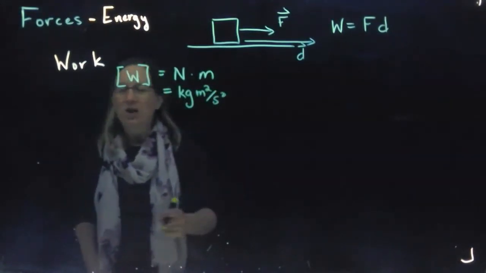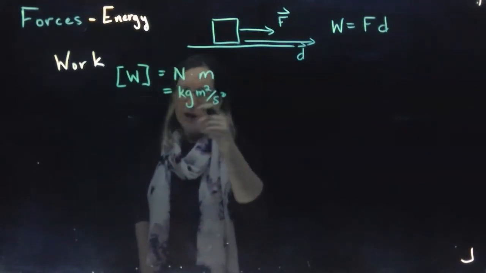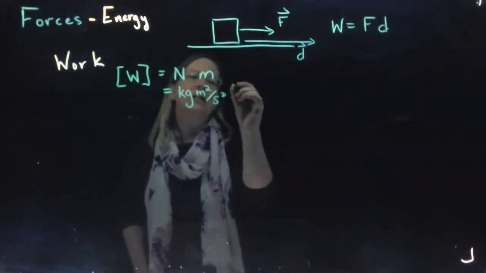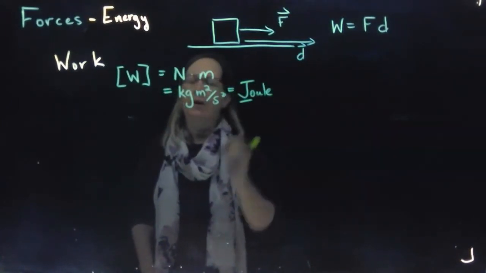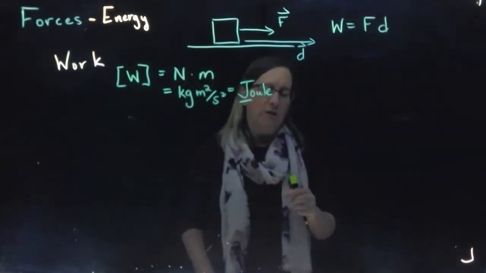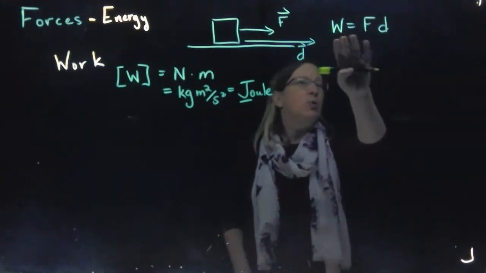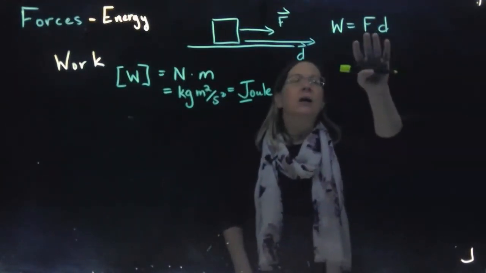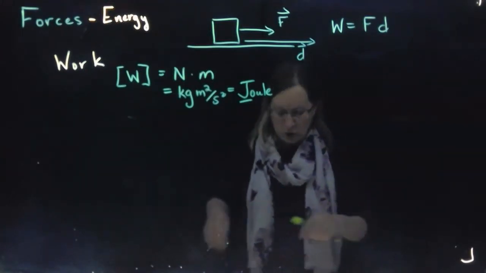So that's the unit of work, newtons times meters, which we can write in fundamental units like this, but this is what we call a joule. So our units of work are joules, which you may know is a unit of energy. So work is a form of energy. Okay, so this is our definition of work. Well, not quite our definition. This is just our intuition about work.